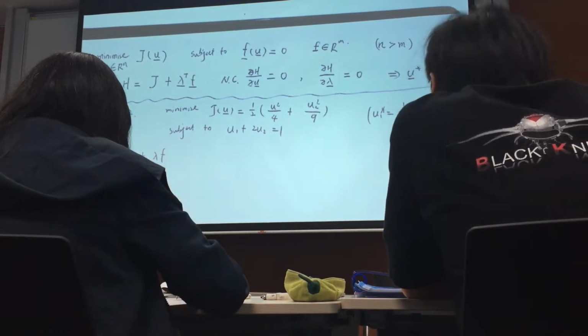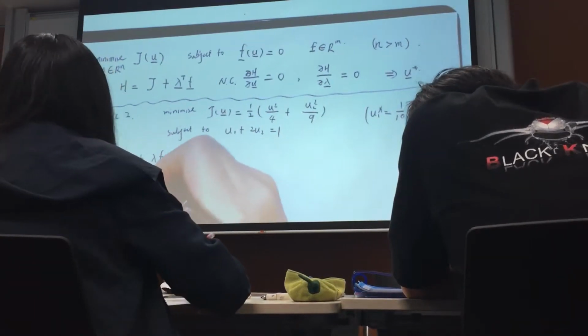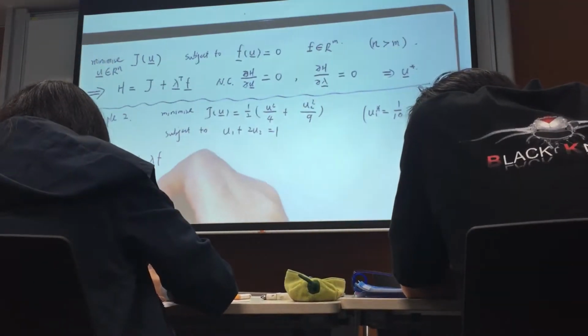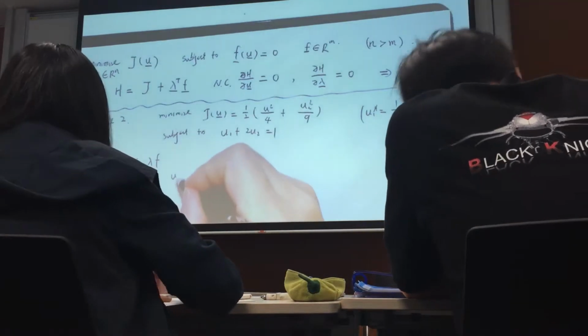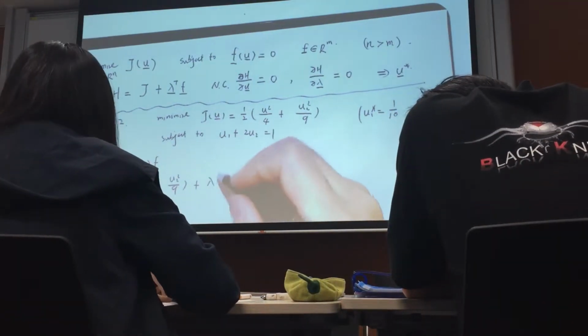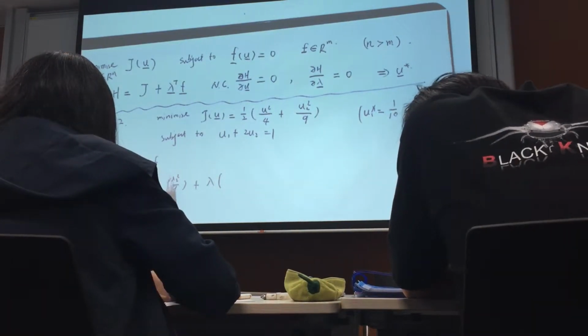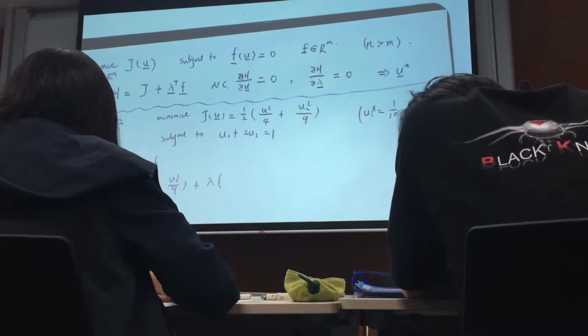So the J equals one half of U1 squared divided by 4 plus U2 squared divided by 9, plus lambda. So now the problem is, what is the f?